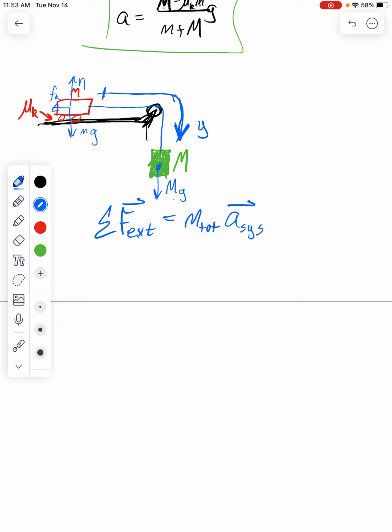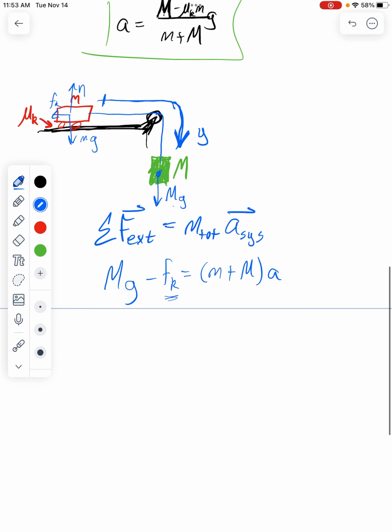So if we look at our external forces, we have our capital Mg, it's in the positive y direction. We've got our little fk, which is in the negative y direction, right? The positive y up here is pointing to the right. So that is minus fk. And so we have little m plus big M times acceleration of our system, we're just calling A.